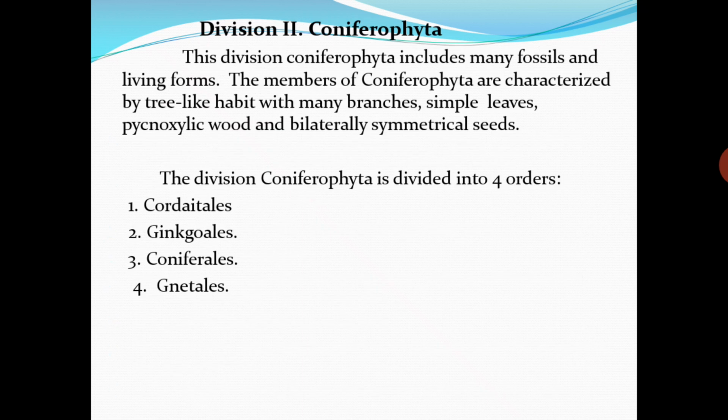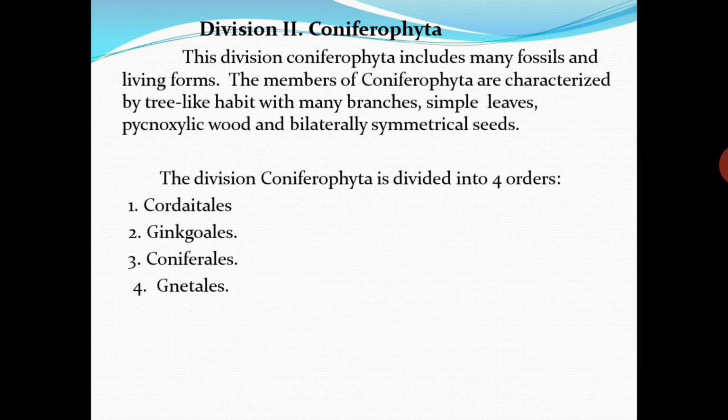So next comes a very important division 2, Coniferophyta. In this you will study 4 orders, in which one is extinct and 3 are living, including Coniferales. The division Coniferophyta includes many fossil and living forms.